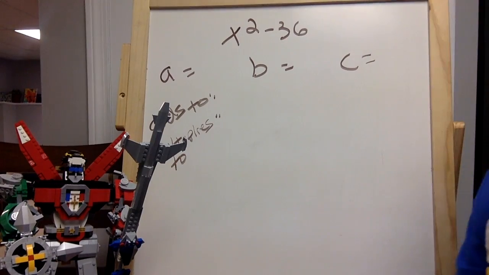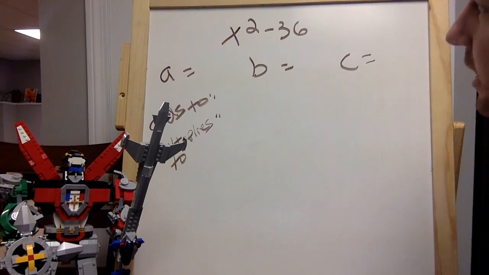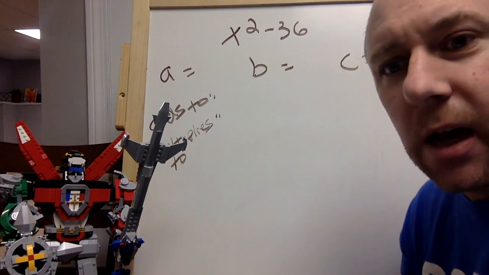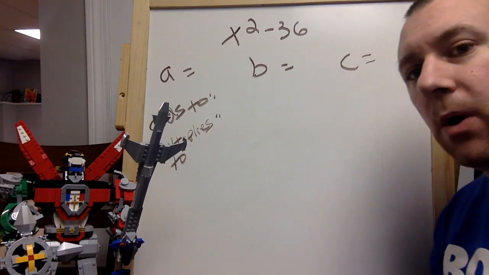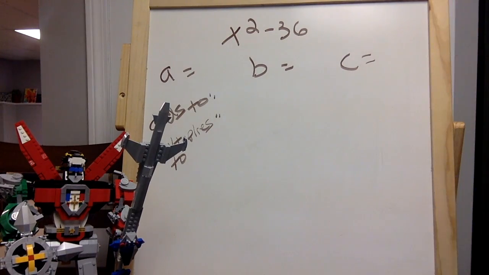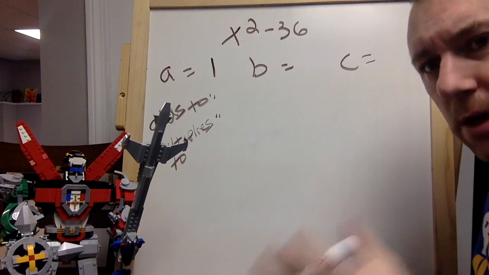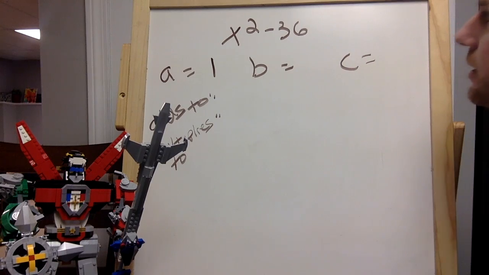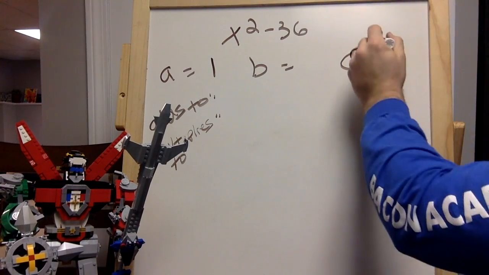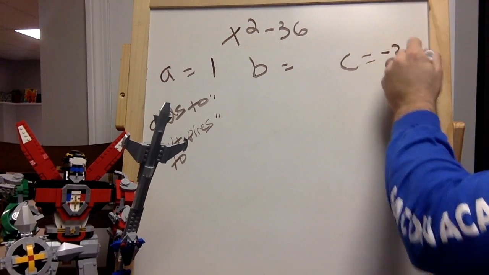In this last example, again, we have a quadratic, but it's a little bit of a tricky one. So what we are going to do is, again, we know a is 1 in this case, so that makes it a little bit easier for us. And this is the constant, so that's the negative 36.